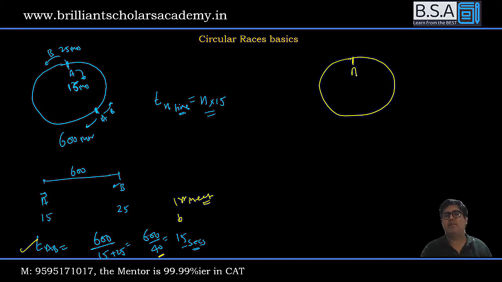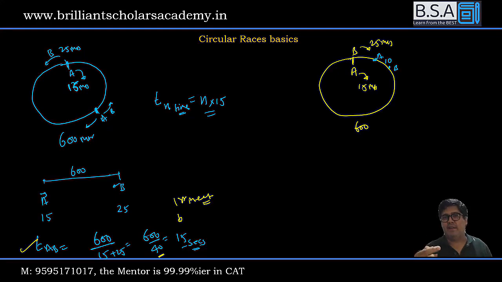Please observe. A, B, 600 meters, 15 meters per second, clockwise, घड़ी के हिसाब से clockwise, and 25 meter per second, again clockwise. Listen to the language very carefully. As soon as 1 second passes, wherever there is B, there is A, there will be a 10-meter gap because B runs 25 meters in 1 second.